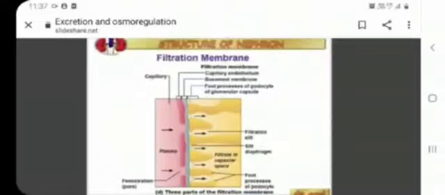The pink coloration is the capillary. Then in the capillary we can see the pores present, known as the filtration membrane. Then there is the basement membrane. Then is the Bowman's capsule and the specific cell present in the Bowman capsule.